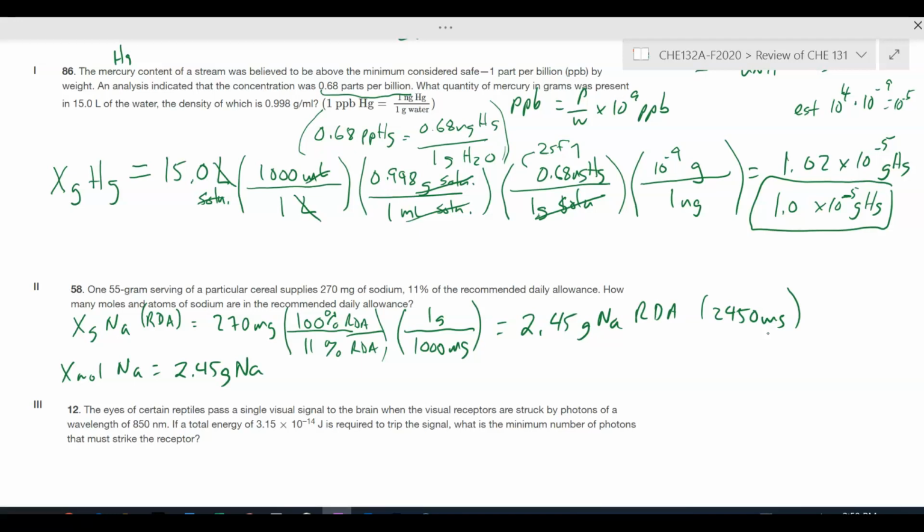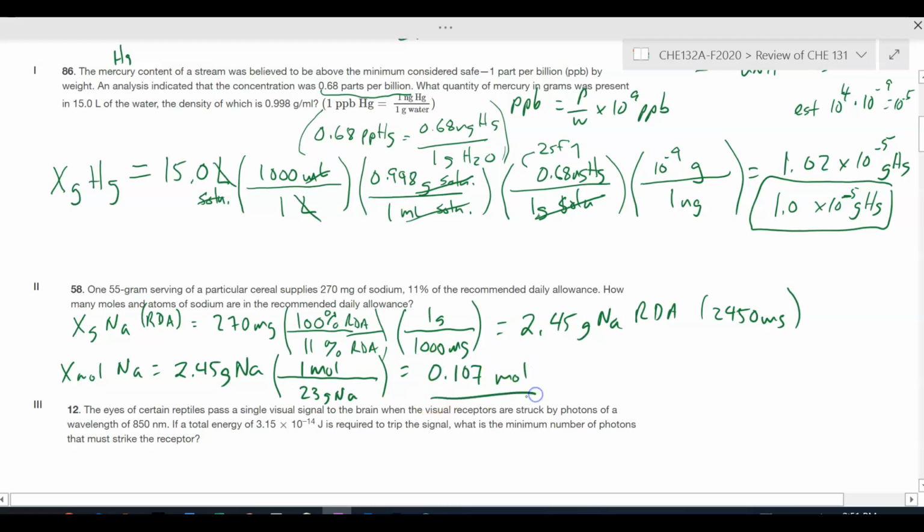And so to get the molar mass of sodium, we're going to go to the periodic table. It's basically 23 grams of sodium is 1 mole. So that's going to give us 2.45 divided by 23. That's going to be a little more than 0.1, and I get 0.107 moles. So that's one answer right there.